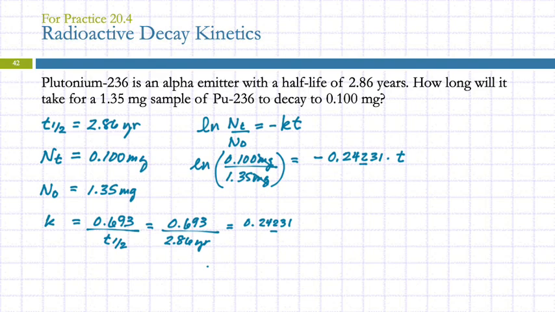That's how much time it takes for that to happen. So when I solve that, I'm getting t is equal to 10.7. And the unit on the time here will be the same as the unit on the half-life. So 10.7 years.